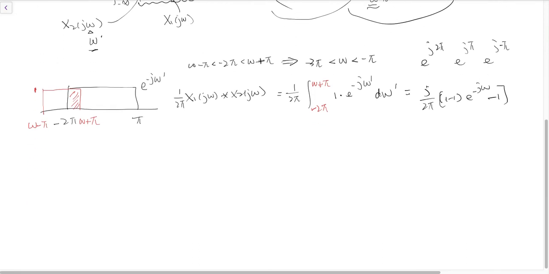Now let's find our second interval. Let's draw this signal over here, again e to the negative j omega prime. And your other signal is moving until it moves inside.